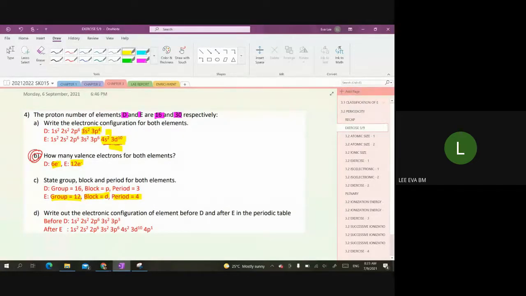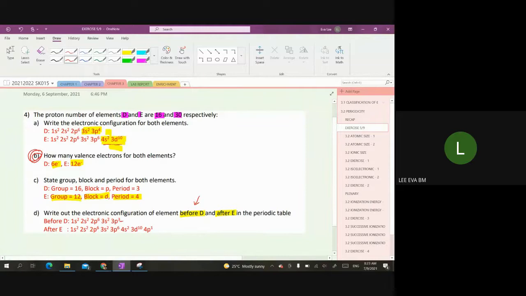It asks to write the electronic configuration of the element before D and after E. It actually means 2 elements. One element before D. Since D has proton number 16, one element before D has proton number 15. So just follow proton number 15 and write its electronic configuration. It will end at 3p3.